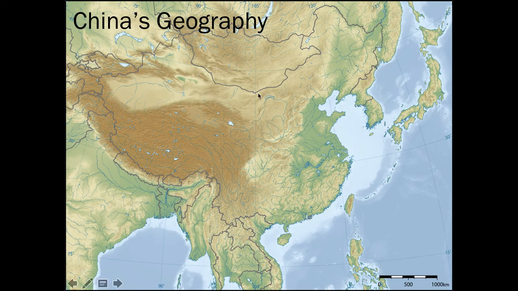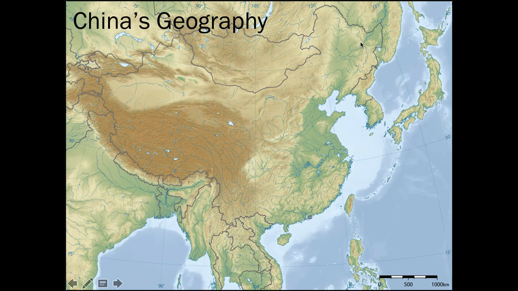But there are also deserts, like the Taklamakan Desert in western China and the Gobi Desert in north central China. You have several different mountain ranges, the largest of which is the Himalayas, which separates the region of South Asia from China itself, China proper.